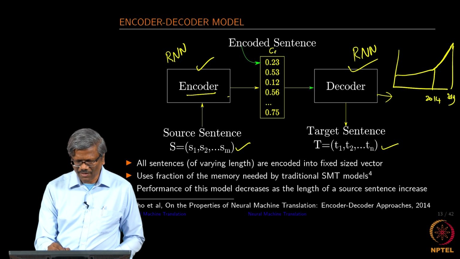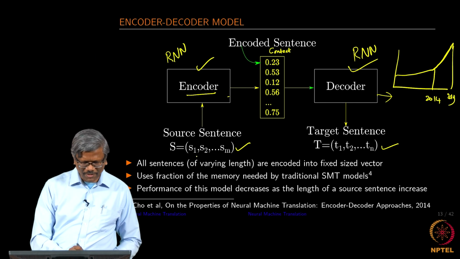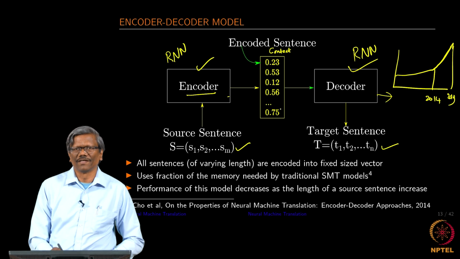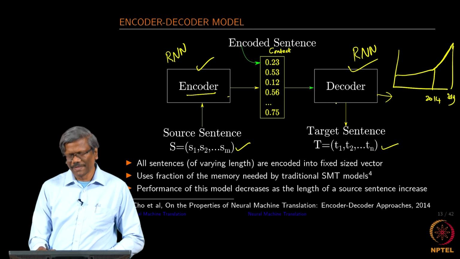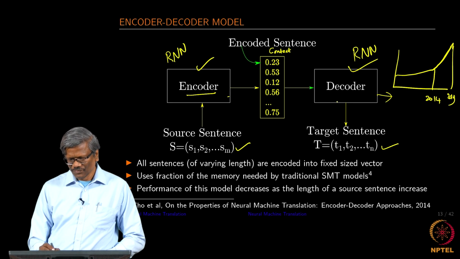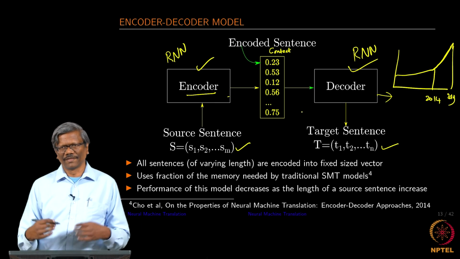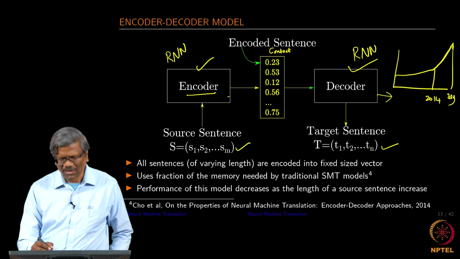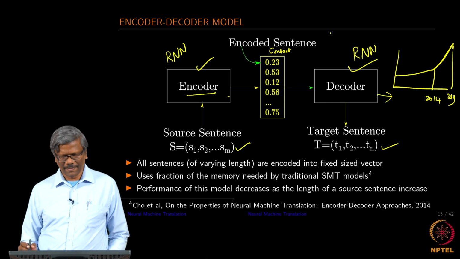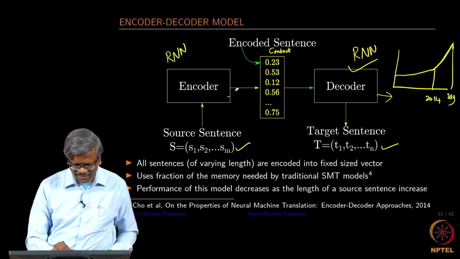So, we call it a context vector. It encodes all these words in terms of a vector, in terms of some numbers, and then this is fed into the decoder, and then the decoder uses this input along with its initial state and starts decoding word by word. Okay. And the training happens in this fashion. Let me erase some of these.